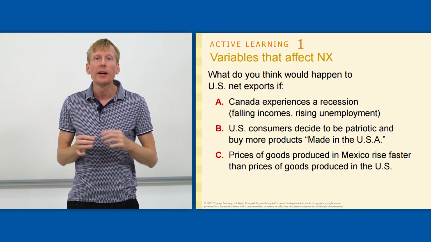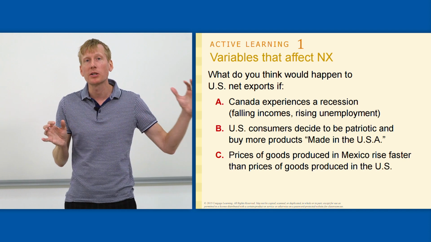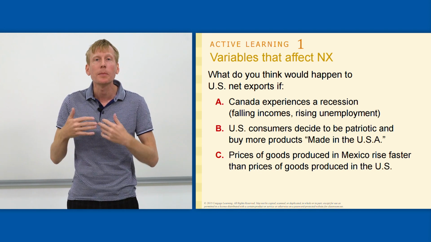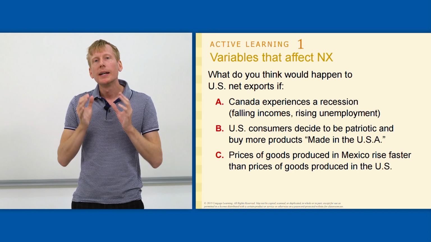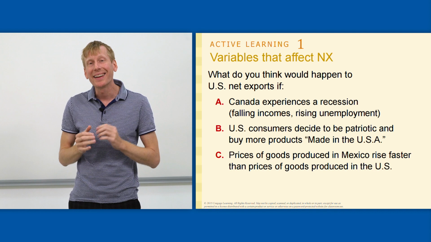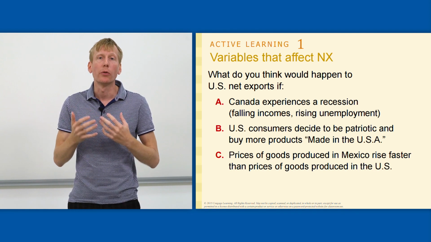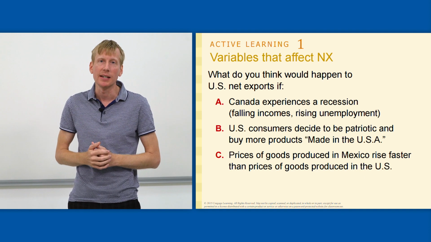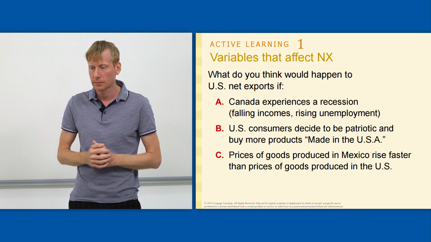Imports would fall because American consumers would switch to an American-made product instead of the foreign product, substituting. So, if exports are constant but imports are falling, net exports should be rising. In other words, the trade balance in the United States should be rising.